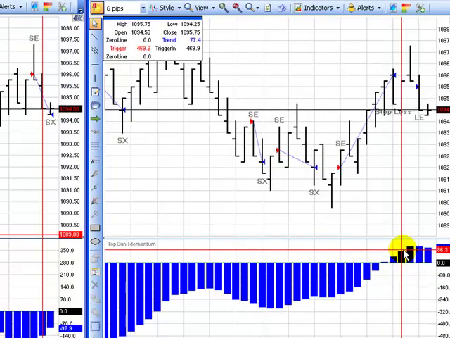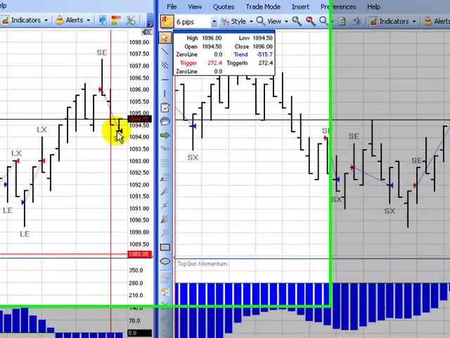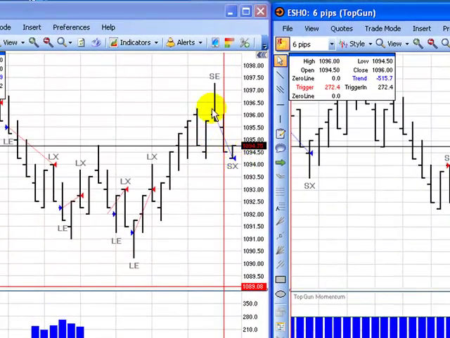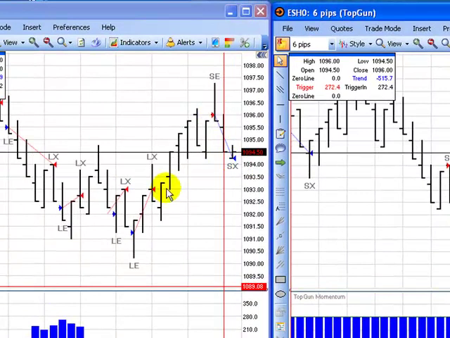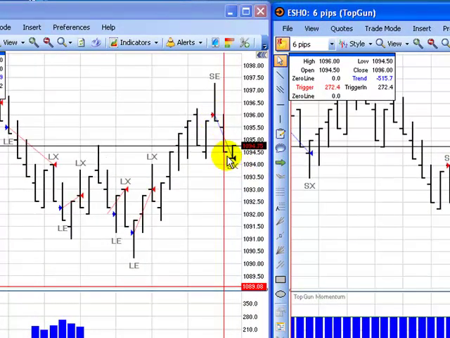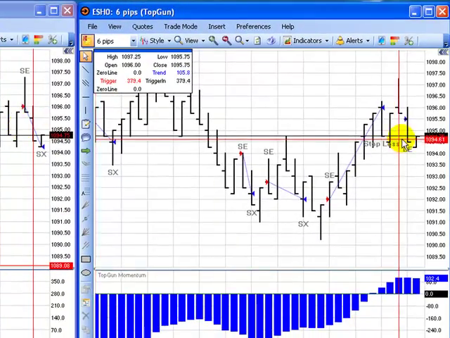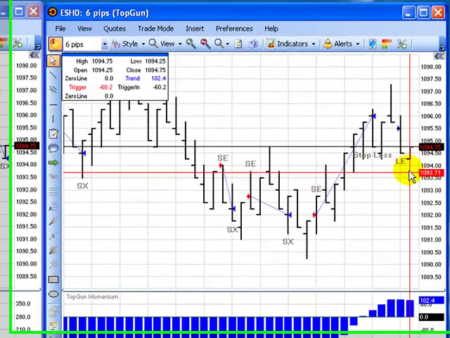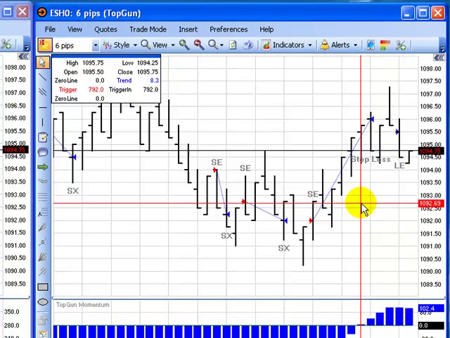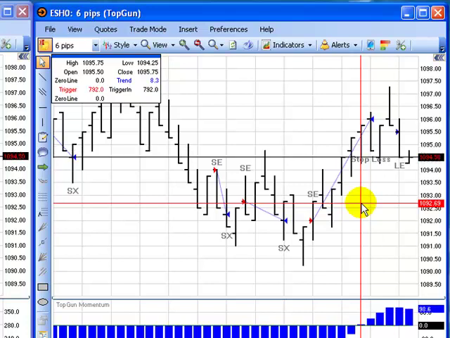Now, I'm going to pause right quick because I just want to jump over here and notice we just got out of a short trade on a pullback right here. Notice that? So we just made a little bit of money on this trade over here on the Bearcat, where we're still working on the TopGun. This is how the system works. One will make money, one may not make as much money, or may lose money. But overall, the system has proven itself.